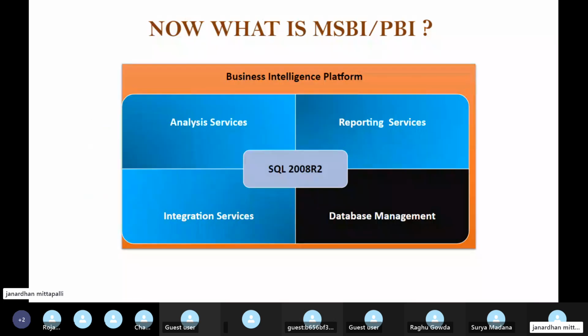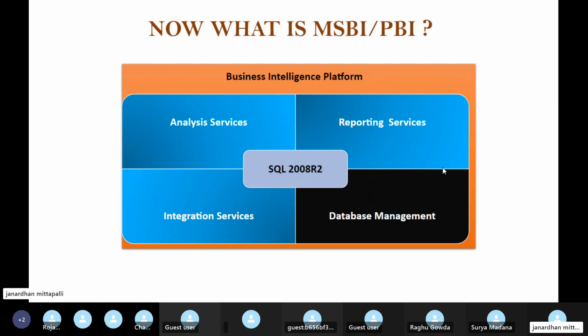Okay, so now you need to understand what MSBI and Power BI are. MSBI also helps to do reporting. It also belongs to Microsoft. MSBI consists of analysis services separately, reporting services separately, integration services separately, and database management.